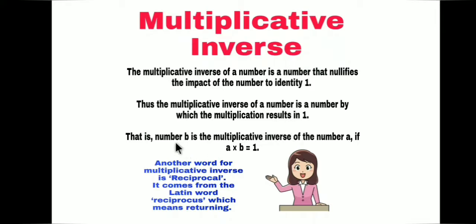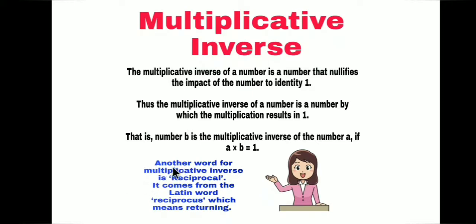That is, number B is the multiplicative inverse of a number A if A into B is equal to 1. Suppose there are two rational numbers such that A into B is 1, where A and B are rational numbers and the product of both these rational numbers is 1, then we say that B is the multiplicative inverse of rational number A.